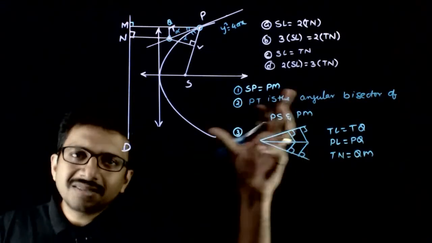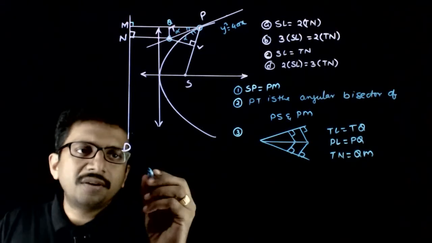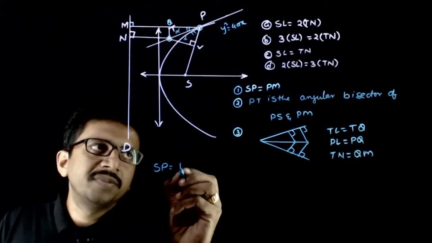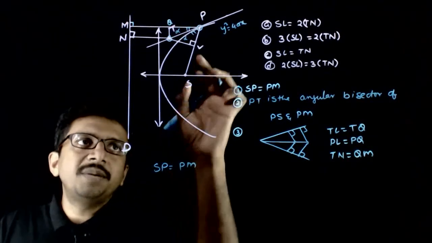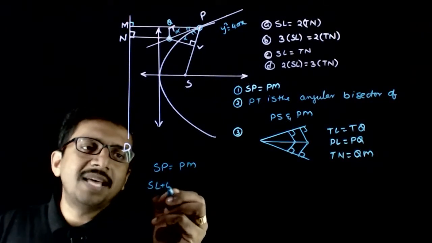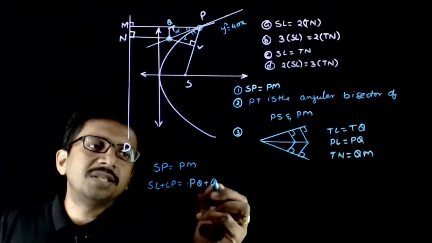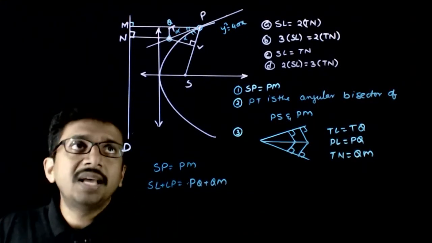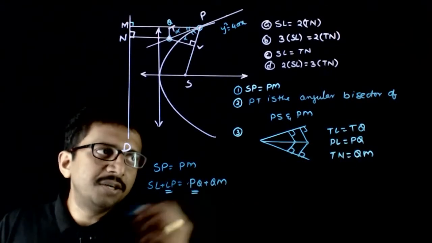Now if you take all these properties into consideration, SP is equal to PM. SP can be written as SL plus LP, and PM can be written as PQ plus QM, and PL is equal to PQ.